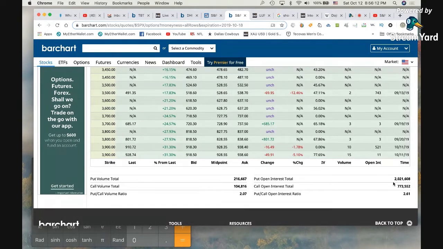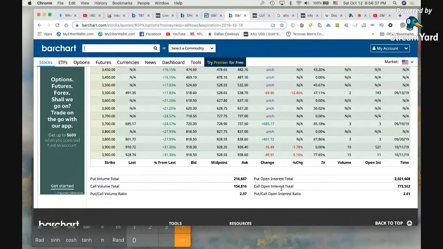So these are open positions. There's real money sitting on the books right now, betting against the S&P 500, and it's 2.61 times more puts on the books. Right now, real money sitting there over the weekend. They didn't sell and run. They held their position.